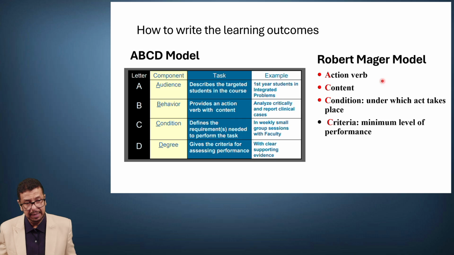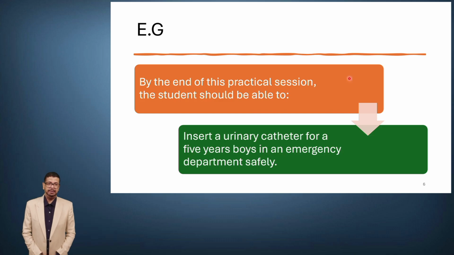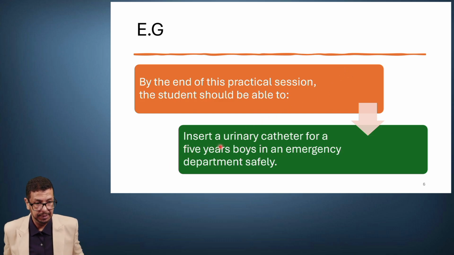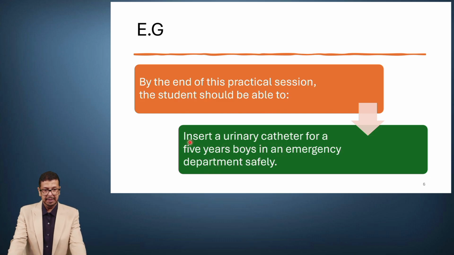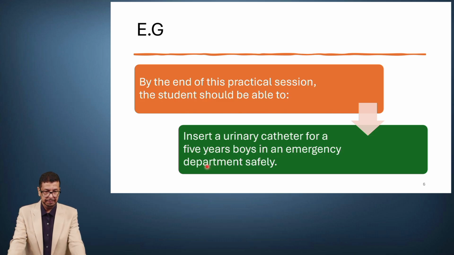Let us see an example for this approach, ACCC. By the end of this course or this session, a student should be able to insert a urinary catheter for a 5-year-old boy in an emergency department. So A, the action verb, is insert. A urinary catheter is the content. The condition is a 5-year-old boy in the emergency department.